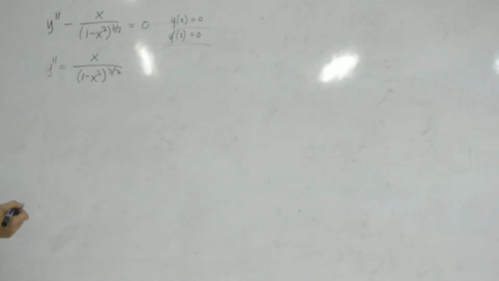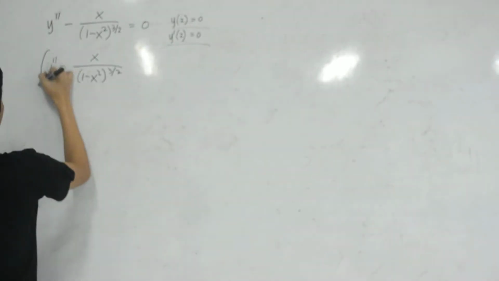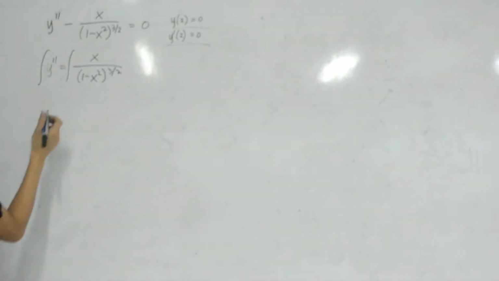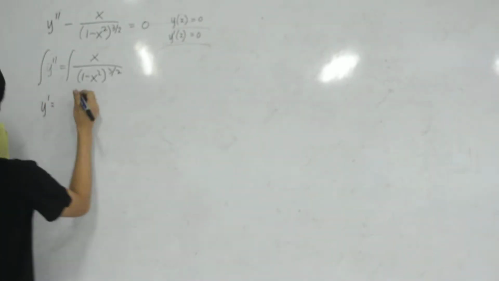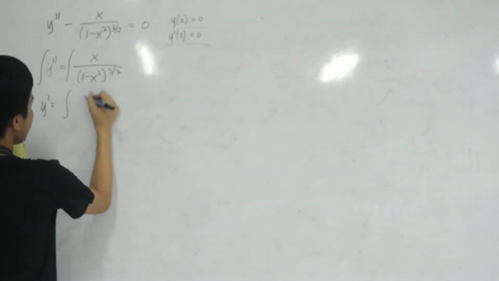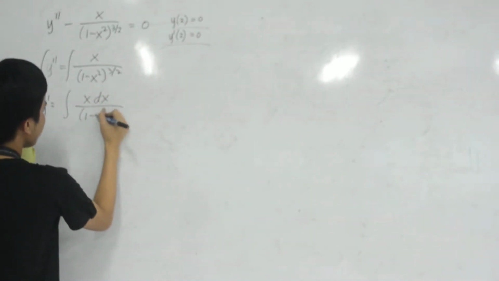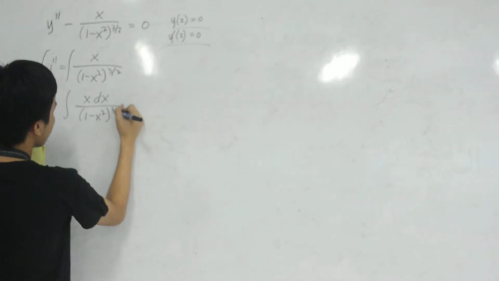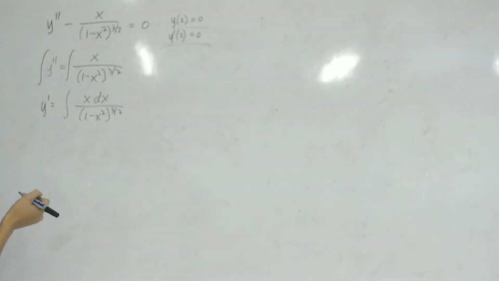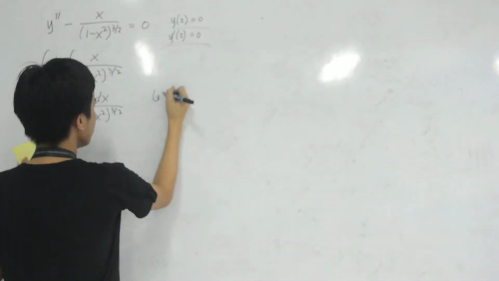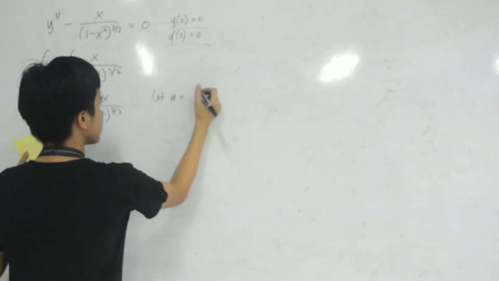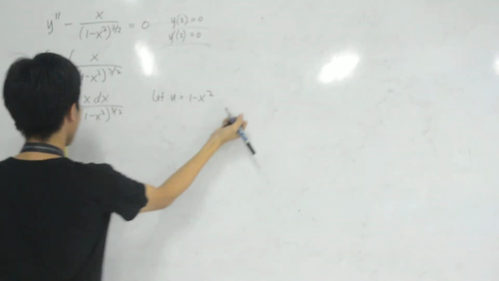So we will integrate both sides with respect to x. So y prime is equal to the integral of x dx over (1 minus x squared) to the power of 3 halves. So we will let u here be equal to 1 minus x squared.